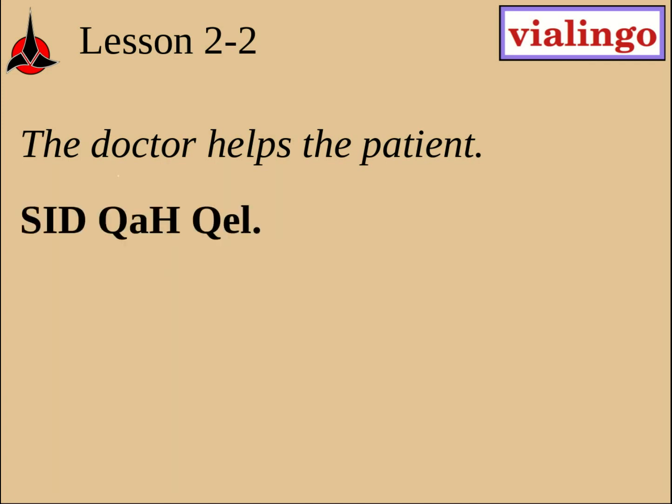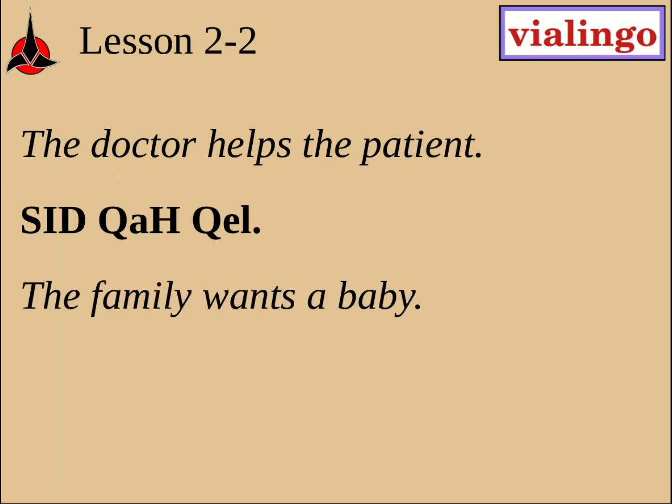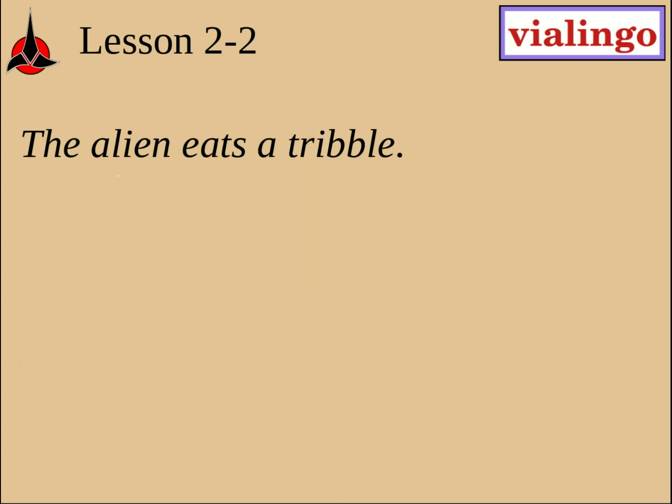She'd ghaj. The family wants a baby. Legh. The alien eats a tribble. GhojmoH.